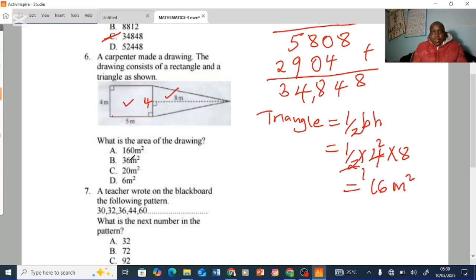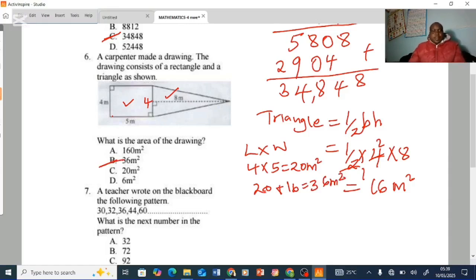Then the area of a rectangle is equal to length times width, 4 times 5, which is equal to 20 meters square. Now 20 plus 16, the answer is 36 meters square.